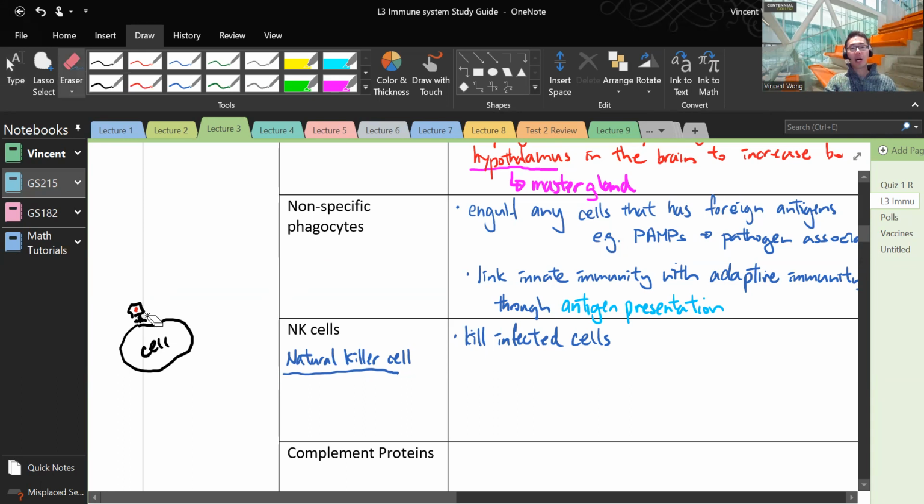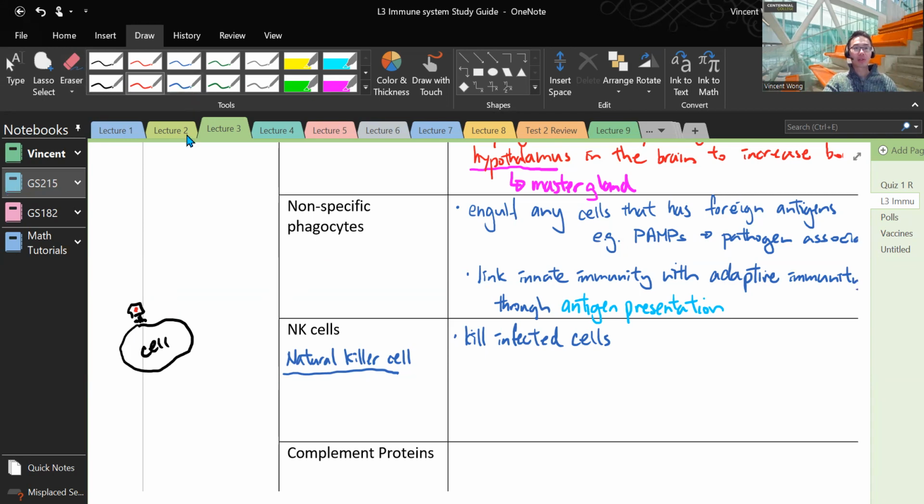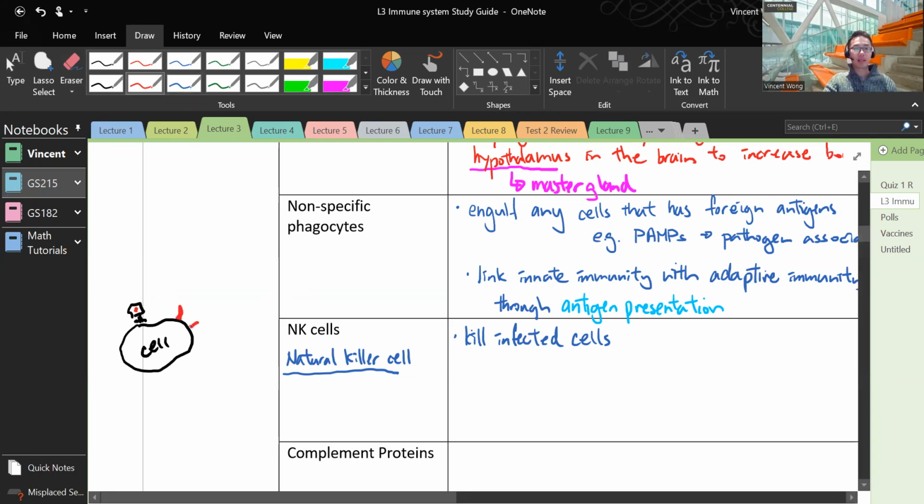So when a cell is infected with a virus like that, it usually puts on some distress signal on the surface. It's like, please help me, I'm infected by this virus, please kill me before I turn into a virus factory. And that's what the NK cell will do. It will come and kill it off before hundreds and thousands of viruses burst out from the cell.